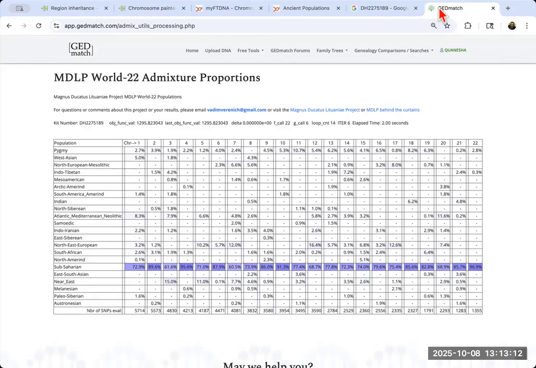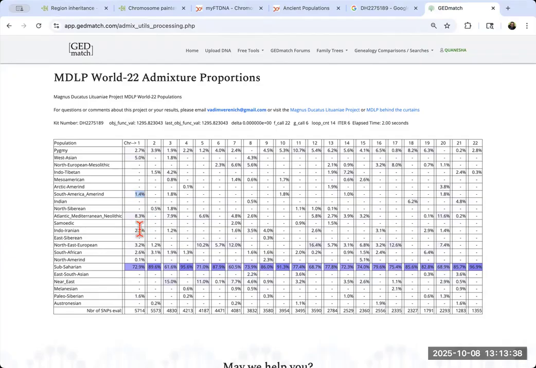But what we can see is the dominant narrative is the sub-Saharan, which of course is going to be African. But we start to see there's some West Asian on chromosome 1. There's a South American, Amerindian percentage on chromosome 1 as well.